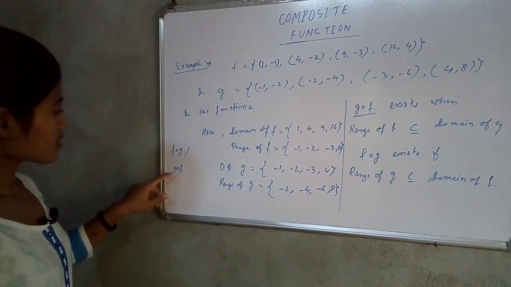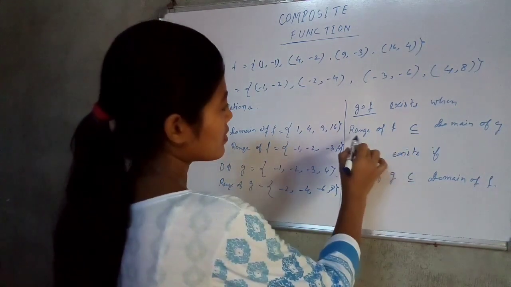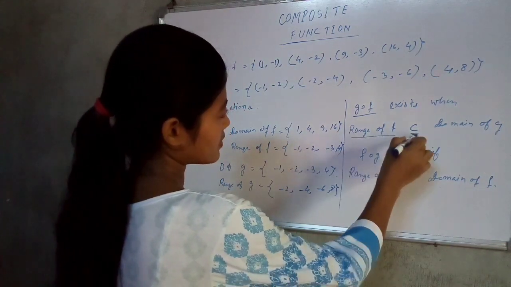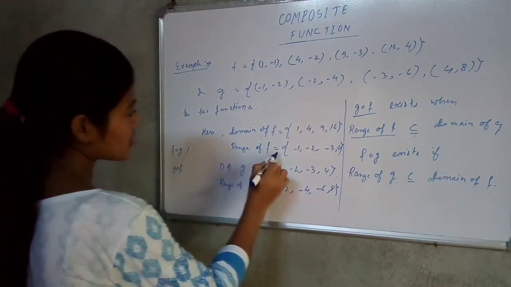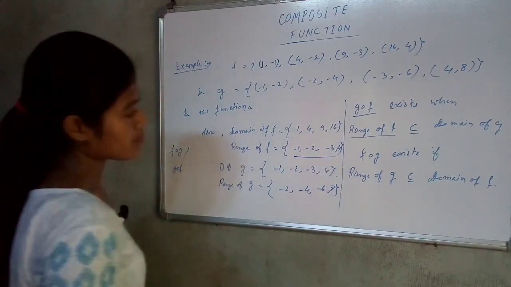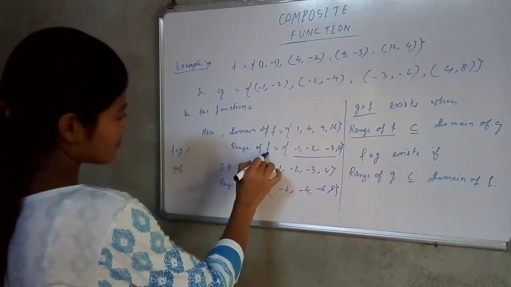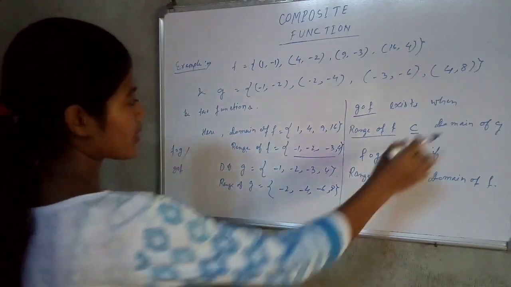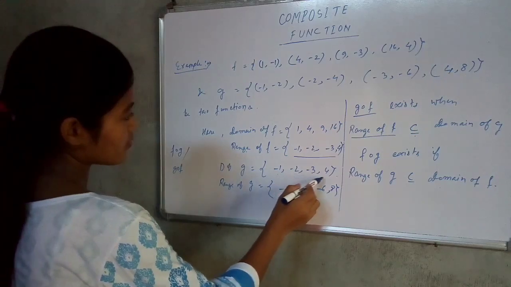To check whether Z naught F exists, we need to find whether the range of F is a subset of the domain of Z. Here, the range of F is -1, -2, -3 and 4. The domain of Z is -1, -2, -3, 4.